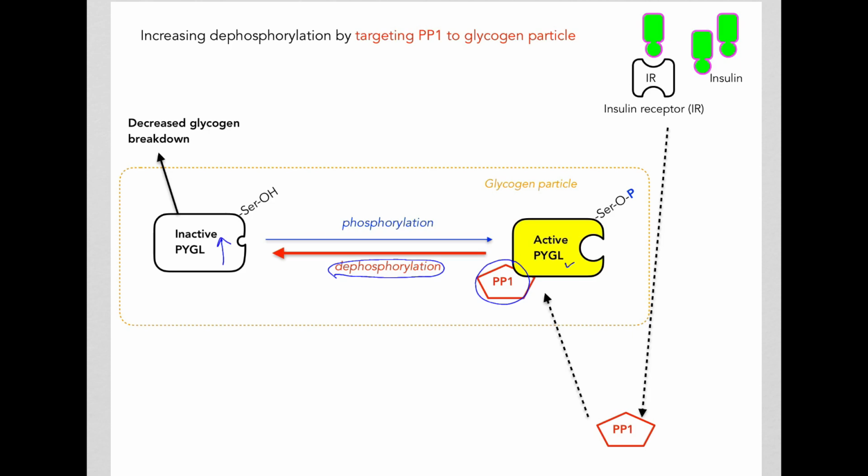And now this inactive glycogen phosphorylase will lead to the decrease of glycogen breakdown. So that is how insulin can decrease glycogen breakdown.